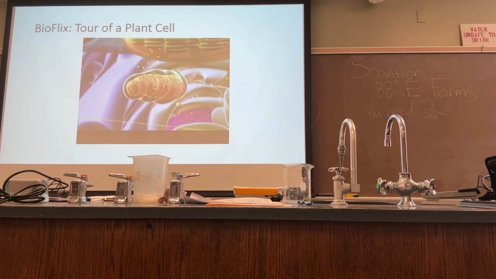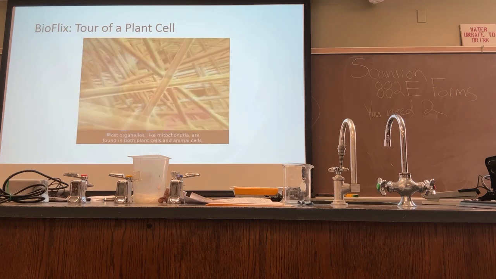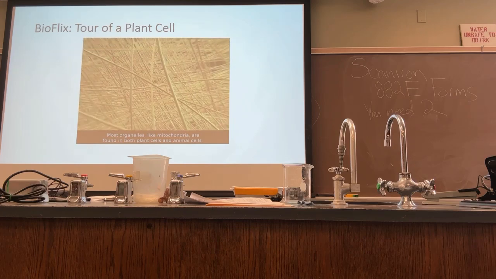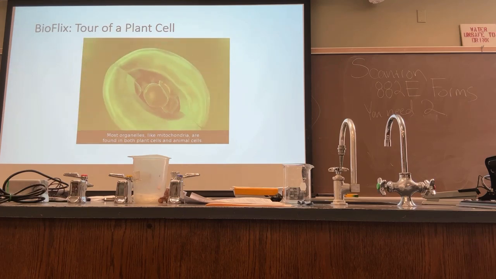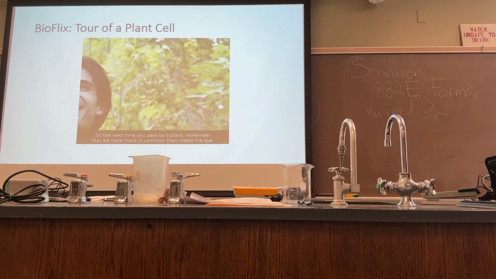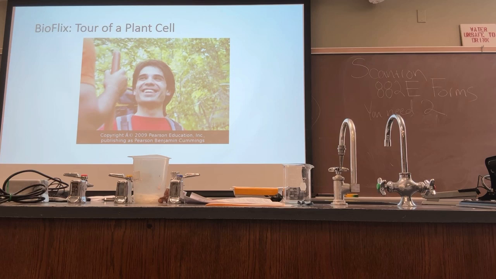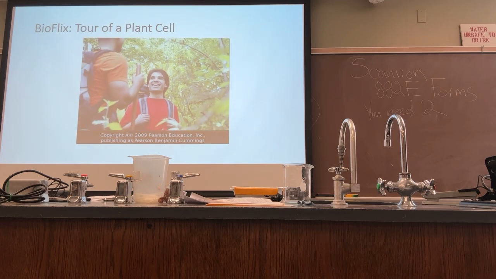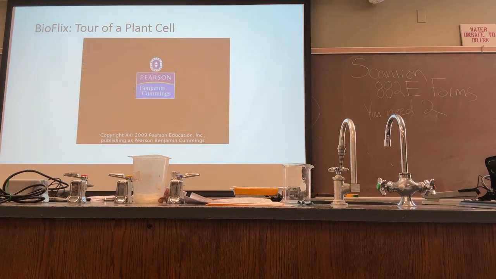ATP powers the work of the plant cell. Most organelles, like mitochondria, are found in both plant cells and animal cells. So the next time you pass by a plant, remember that we have more in common than meets the eye.